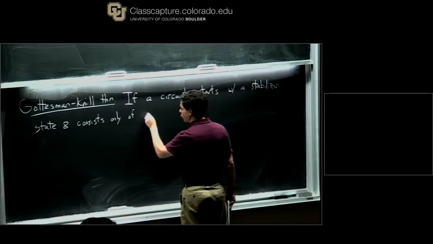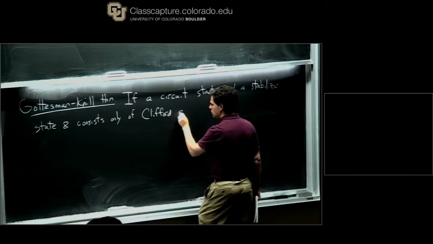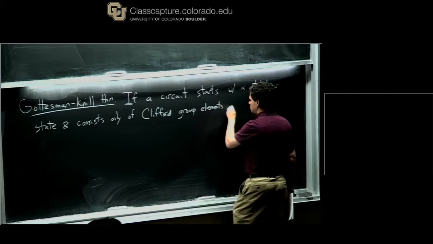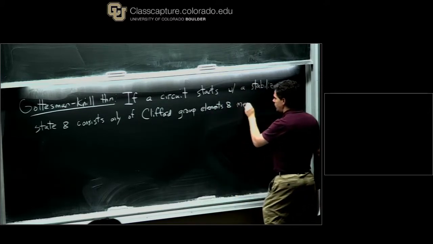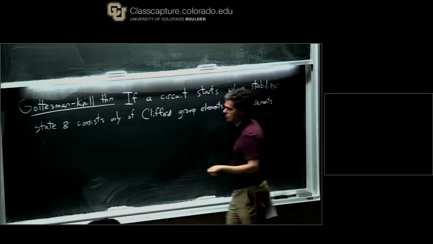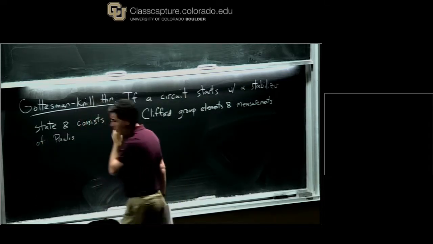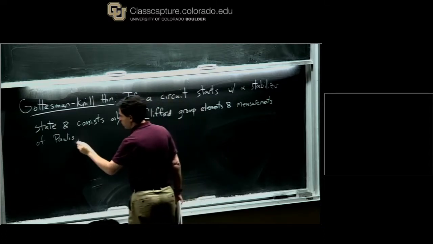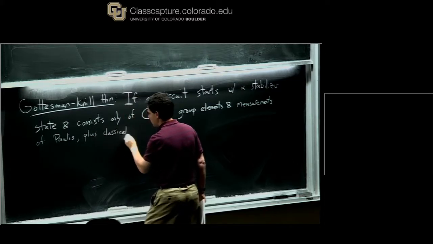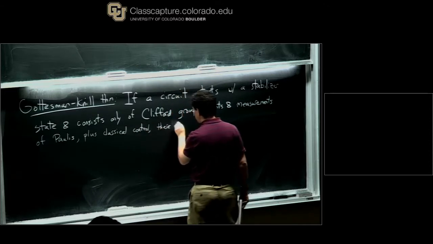And so you have a circuit consisting only of Clifford group elements and measurements of Paulis. By this I mean measuring the eigenvalues of Paulis plus classical control. There is an efficient classical simulation.